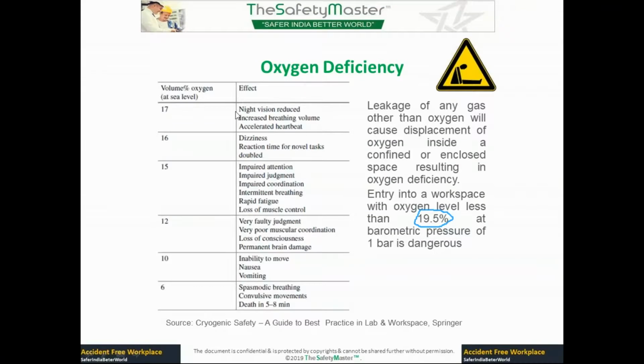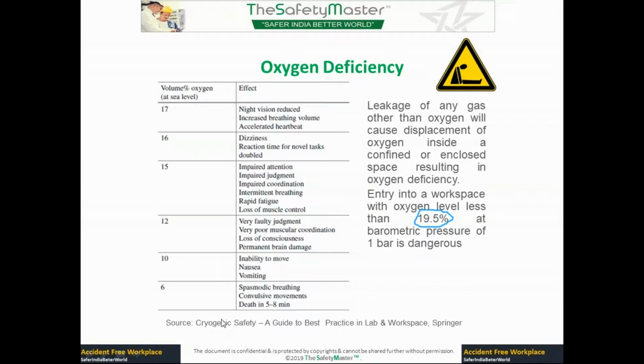And so as the oxygen level drops, your vision will reduce, then as it drops further, dizziness, then impaired attention and judgment. At 12%, you completely lose muscular coordination, then loss of consciousness, nausea, vomiting.